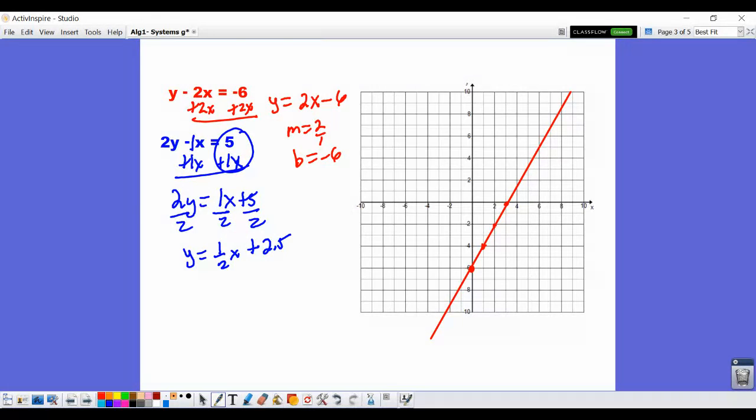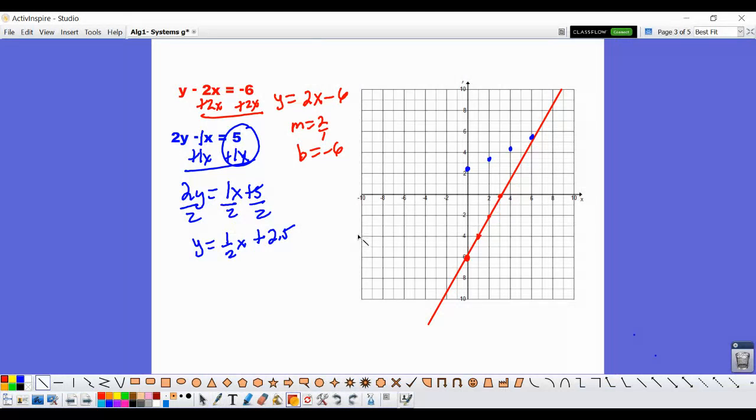So this one is going to be an estimate because 2.5 is not an exact point. Okay, so 2.5, I'm up 2 and a little more. So there's my starting point. And I'm going to go up 1, right 2, up 1, right 2, up 1, right 2. I'm someplace in this vicinity.